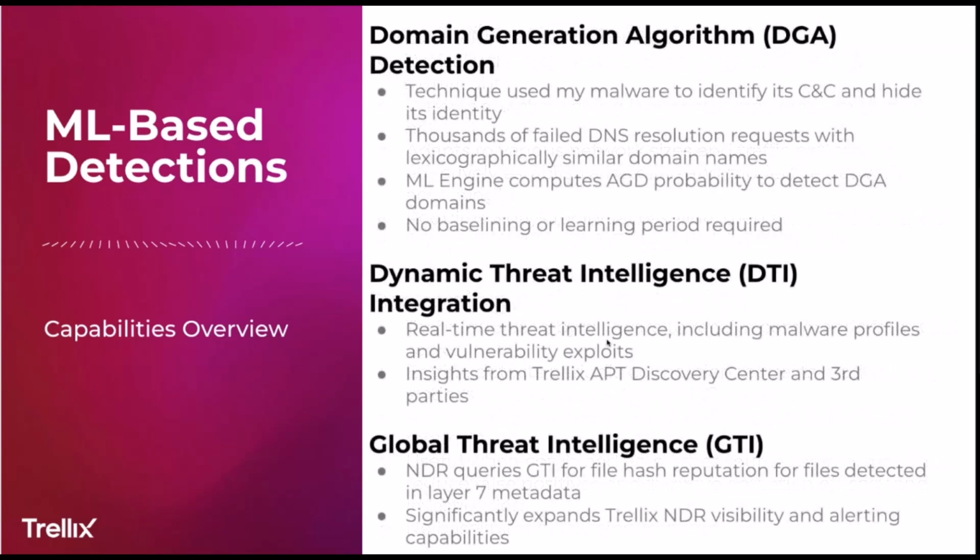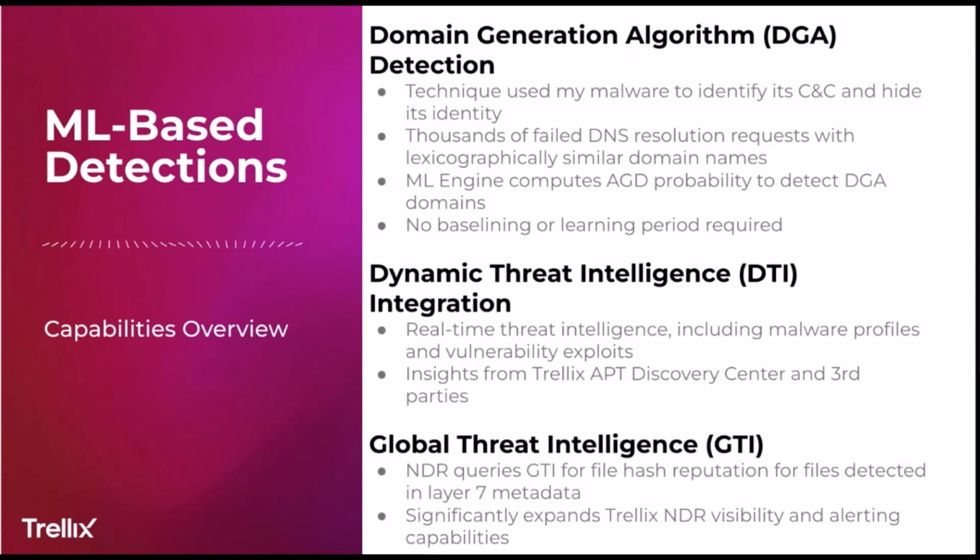The next is domain generation algorithm, or DGA detection, also another technique used by malware to identify CNC traffic. In this case, we're monitoring and analyzing thousands of DNS resolution requests. Our engine computes the AGD probability to detect the DGA domains.